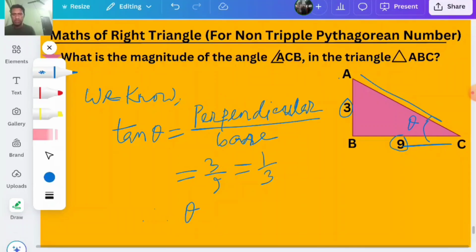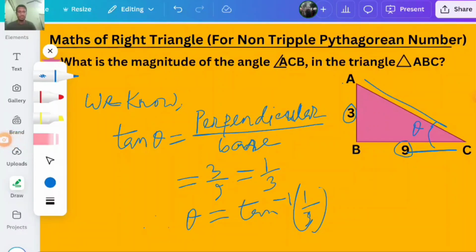So theta equals tan inverse 1/3, equals 18.43 degrees. Answer. This is the answer.